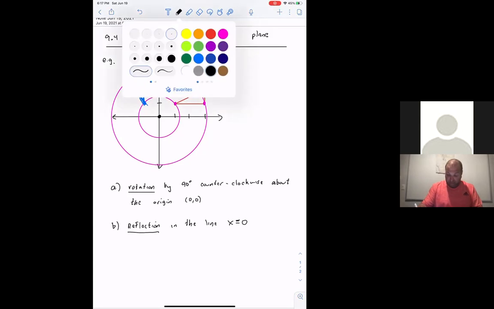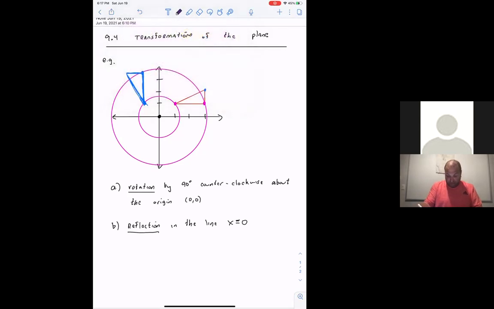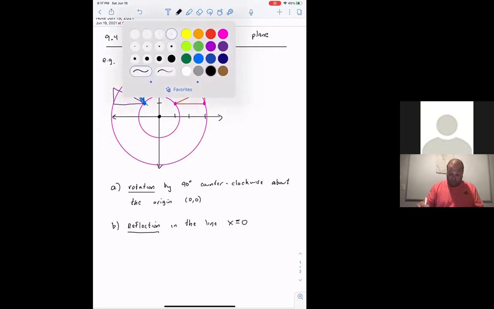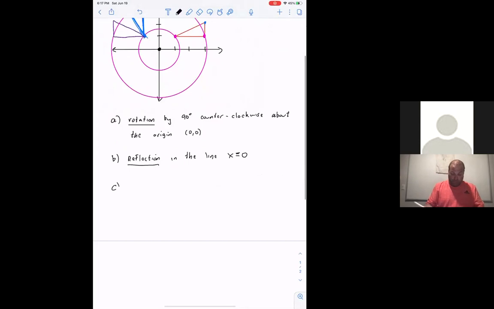And if I would reflect it, it would look something like this. That would be a reflection over the line x equals 0. And again, matrices will do it for us. So we have a rotation, counterclockwise or clockwise by a given angle. We have reflection over a given line.